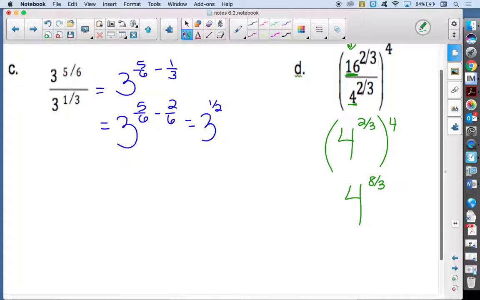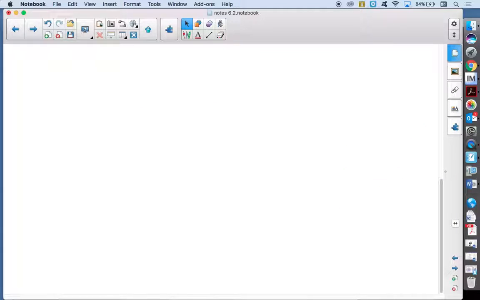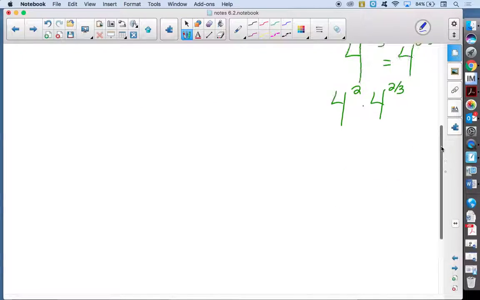Okay, so this one now goes back to like number 1. This is an improper fraction. So what is 8/3 as a mixed number? Sam? 2 and 2/3. So that means I have 4 squared and 4 to the 2/3. Sam, 4 squared becomes 16.